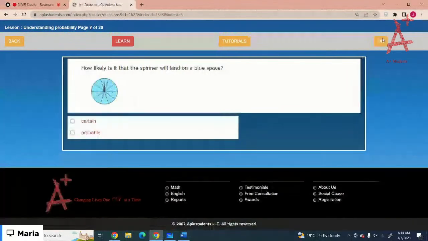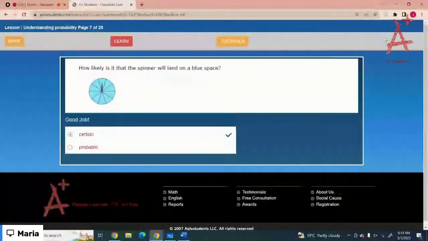Got it? How likely is it that the spinner will land on blue? Certain or probable? Certain. Got it? Because all of the spinner is blue, so it will land on blue. Certainly, it will land on blue. Got it?